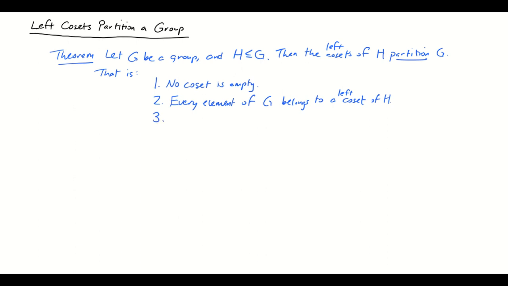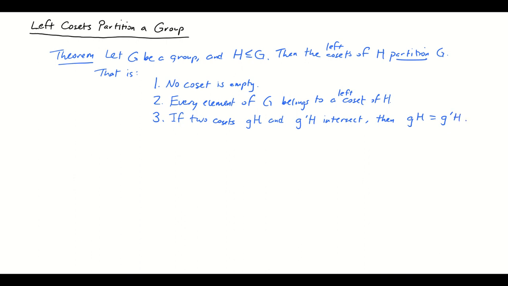And finally, if two cosets, gH and g'H, intersect, then they're exactly the same.